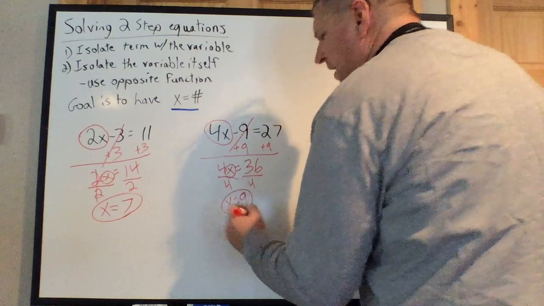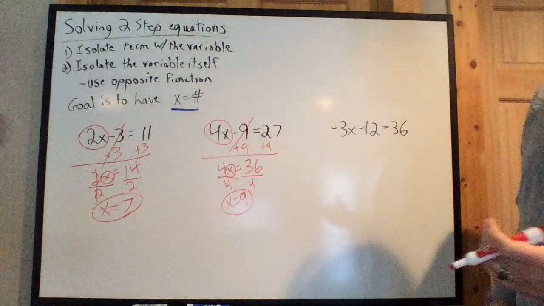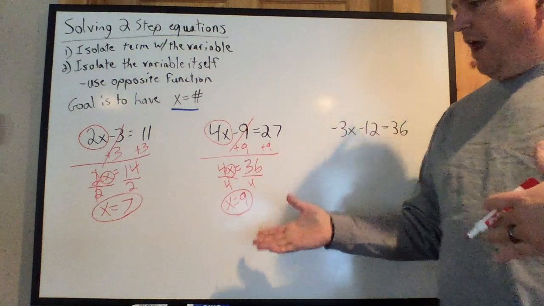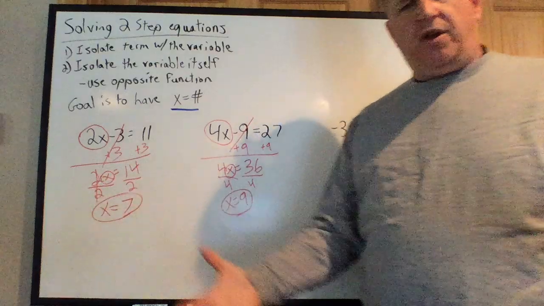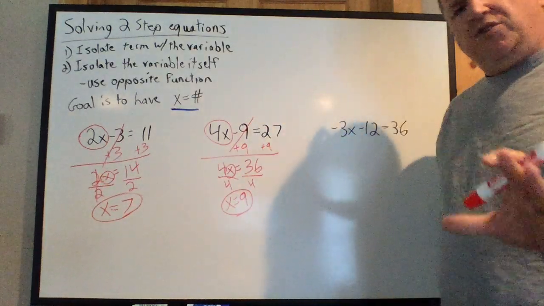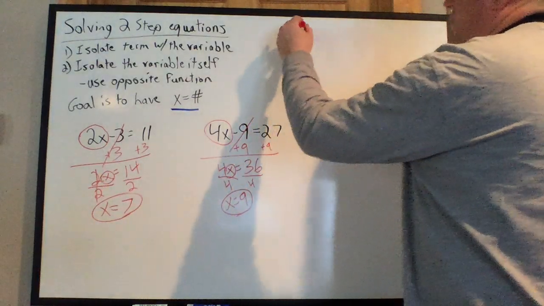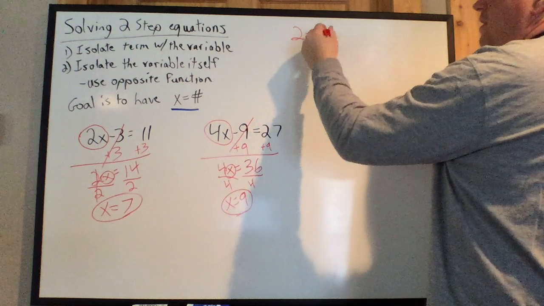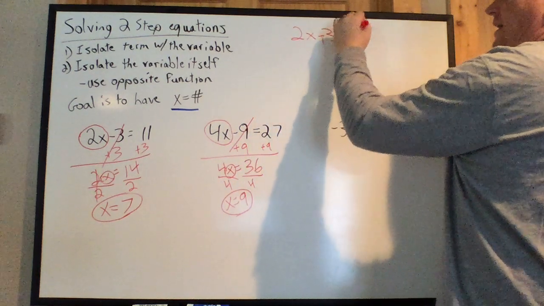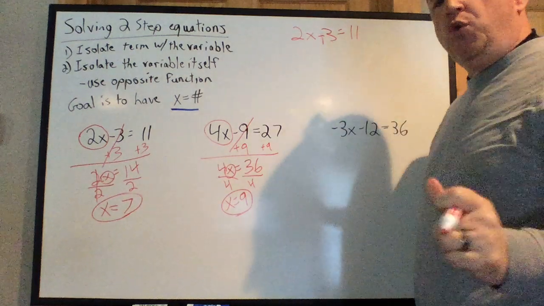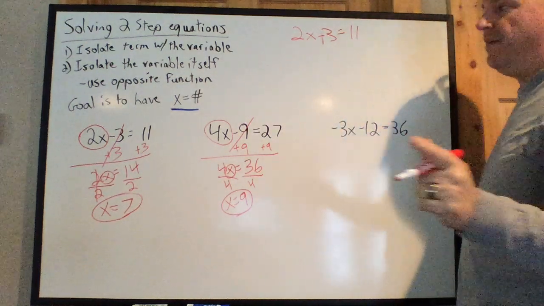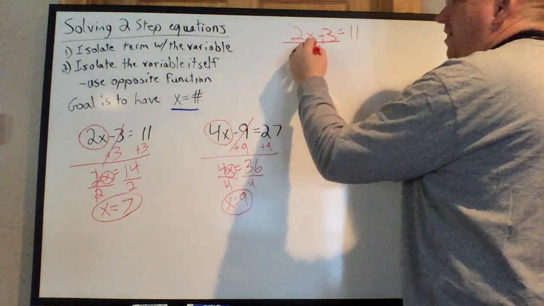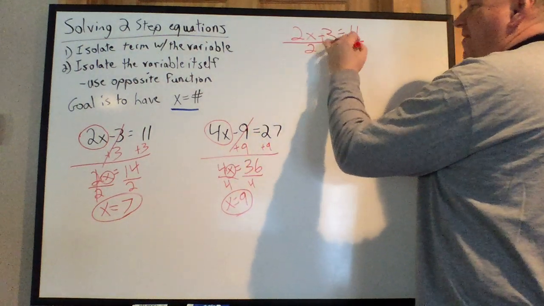Now, there are some of you that may be asking yourself, well, why is he getting rid of the 9 first, and why did he get rid of the 3 first and not get rid of the coefficient on the x? It's a good question. So let's look at our original problem. 2x minus 3 equals 11. If I got rid of the 2 first, remember the 2 is multiplying, so we have to divide. That means I would have to divide the whole thing over here by 2, and then divide that by 2.